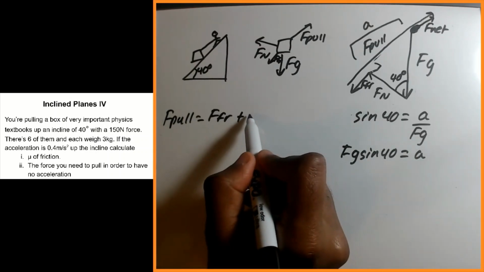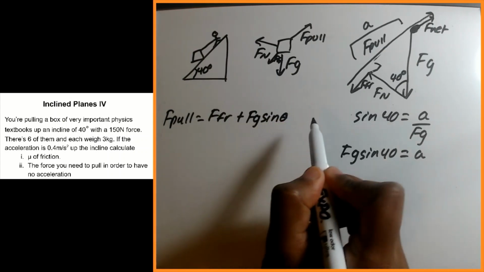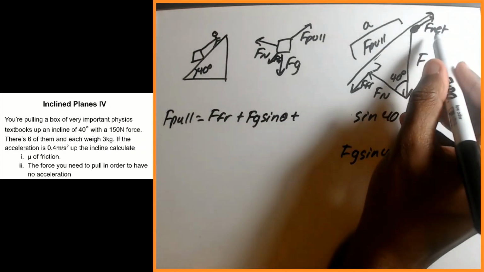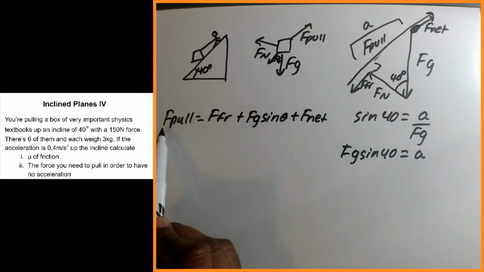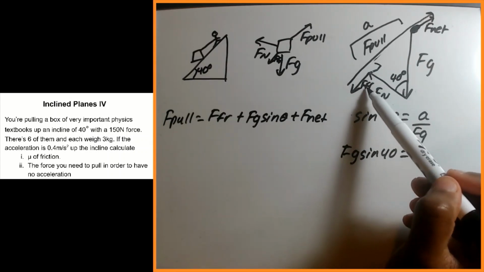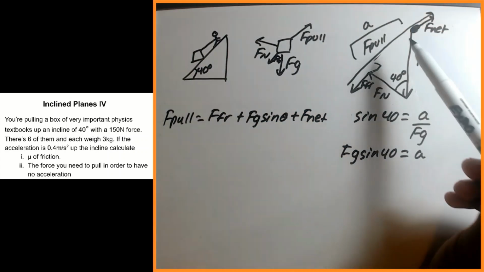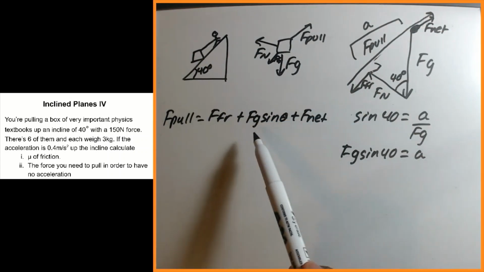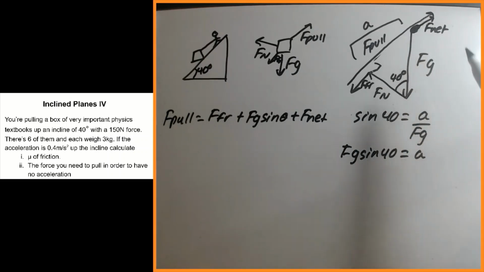So this gives us Fg sine theta plus F net, which is this component. So once again, F pull is equal to F of friction plus A, which we get as Fg sine theta plus F net.